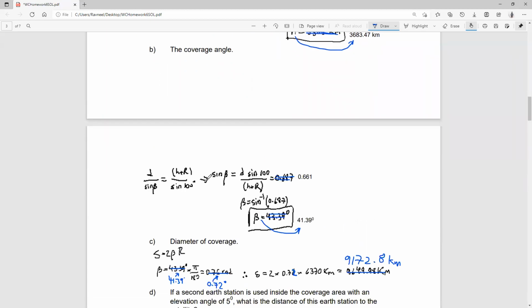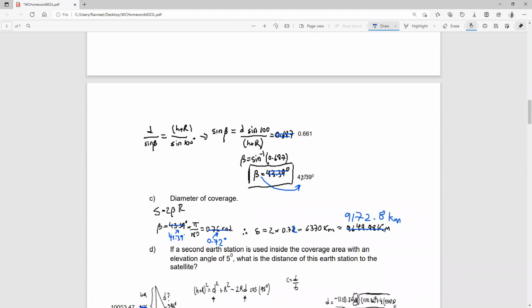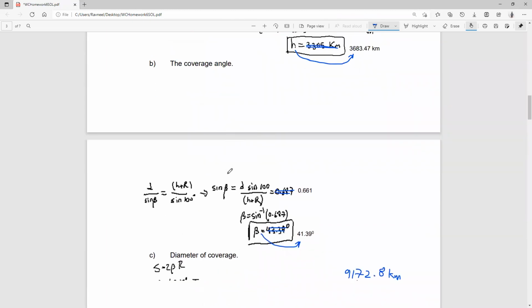Solving for sine beta, sine beta equals d times sine 100 upon h plus r. Making beta the subject and substituting all the values, we get beta equal to 41.39 degrees. That is a simple evaluation.